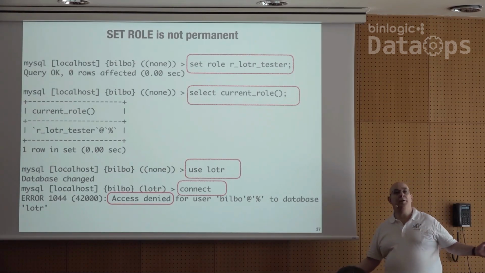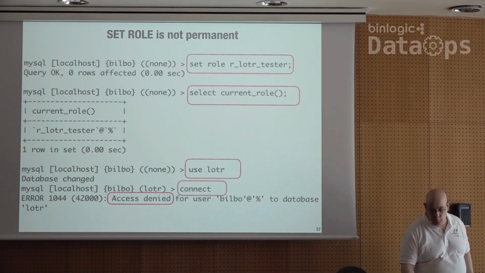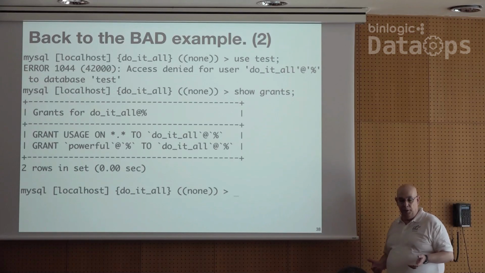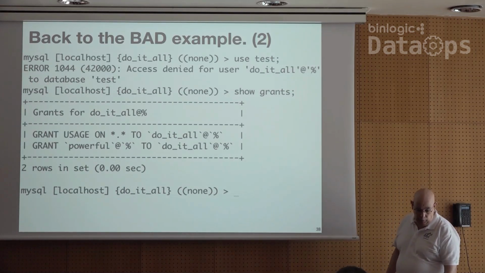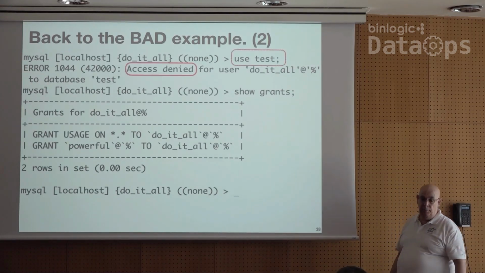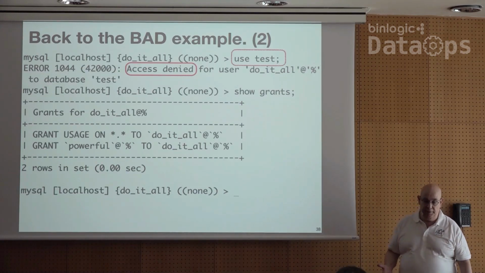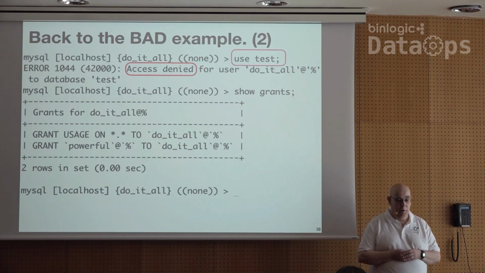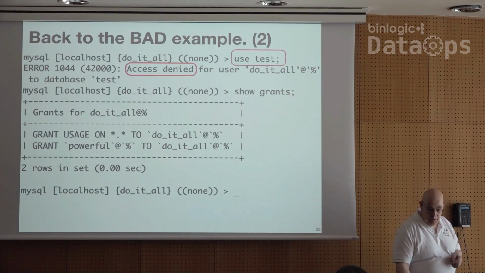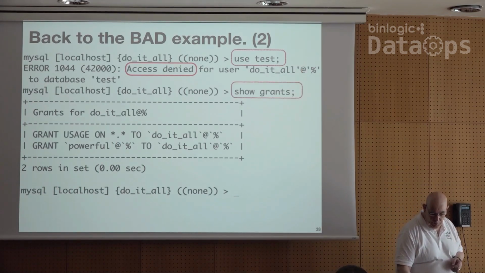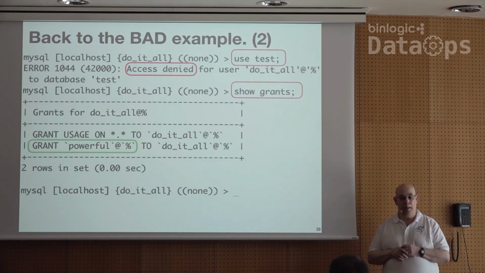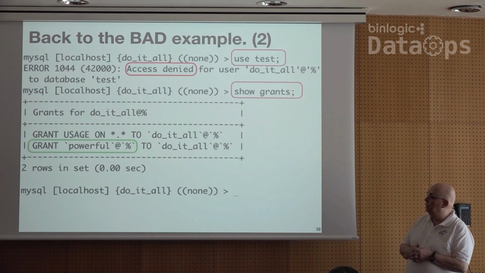So with all this knowledge, let's go back to our bad example, the one that failed at the beginning. So we had use test and access denied, even though we had a role that should allow us to get everything. If we do show grants, we see that the role powerful is assigned to us.